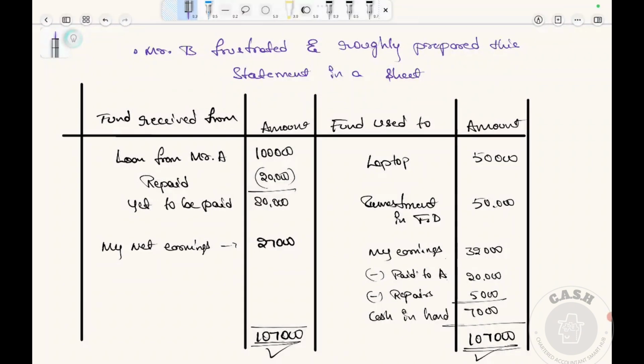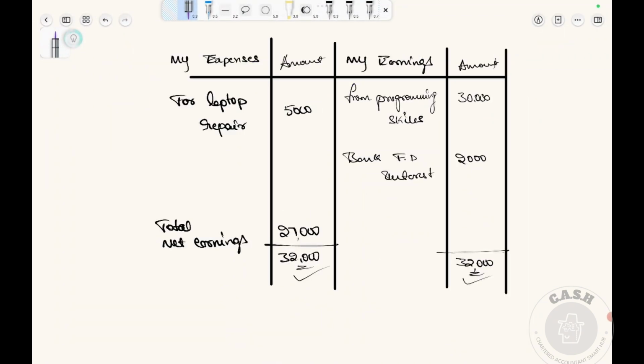Now, where did he get this 32,000? Since he bought that laptop for programming, and with that programming skill, he earned 30,000 income. And as he invested 50,000 in FD, he earned 2,000 as interest.